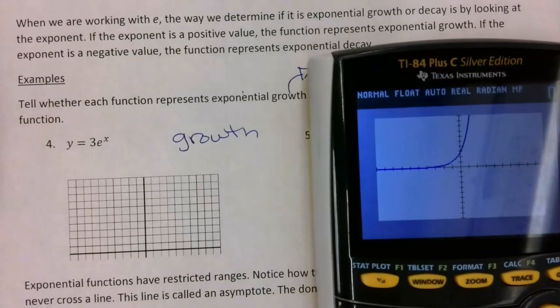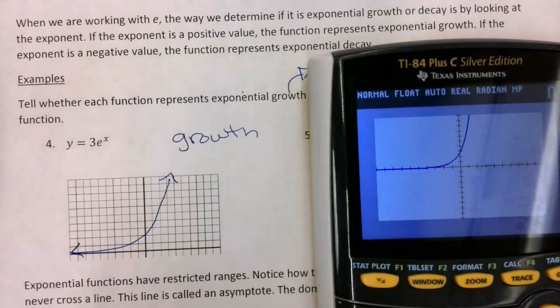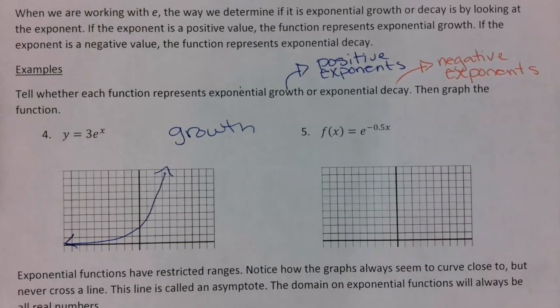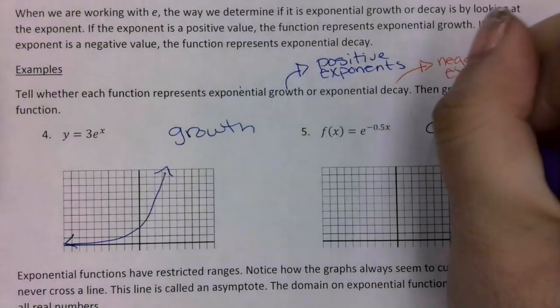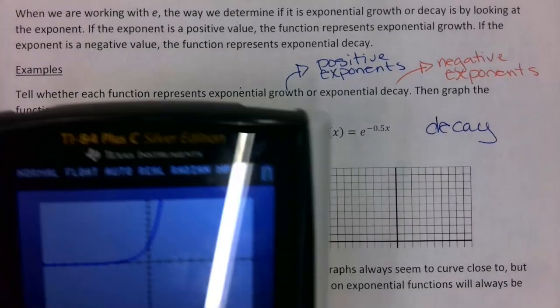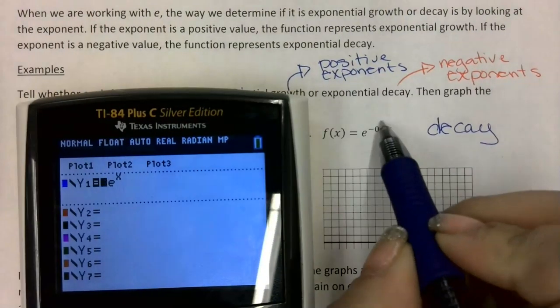Okay, so then I want to go sketch this on my paper. Okay. So number 5 would be, okay, so then I want to go check. It's because it's got a negative exponent.